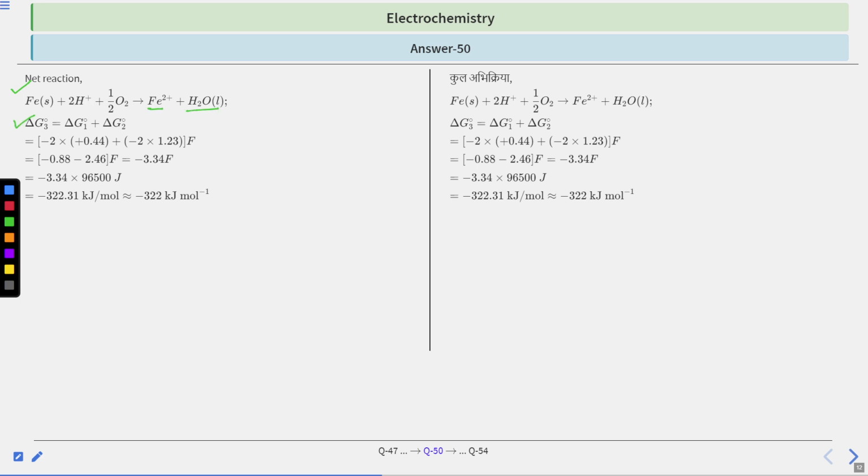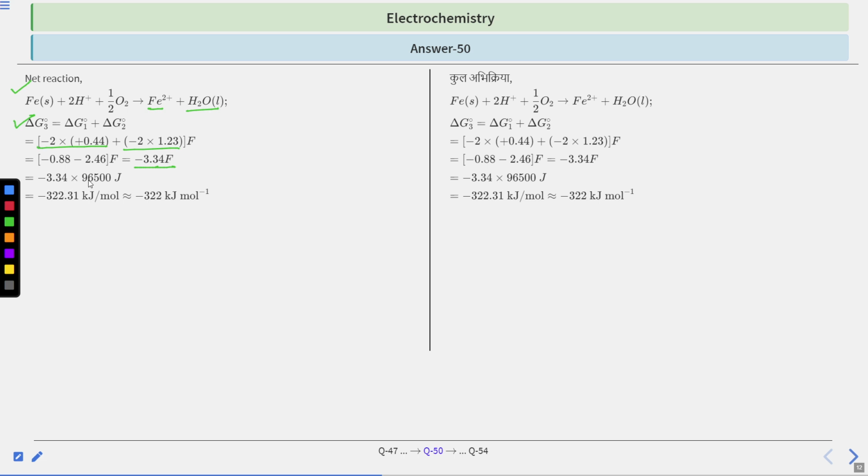And the del G naught 3 for the net reaction will be del G naught 1 plus del G naught 2, the sum of the half cell reactions del G. Okay. So del G1 is this much and del G2 naught is this much. F is common. Let's solve this. It will be minus 0.88 and this will be minus 2.46, which will be equal to minus 3.34 times F. And for F, put the value.